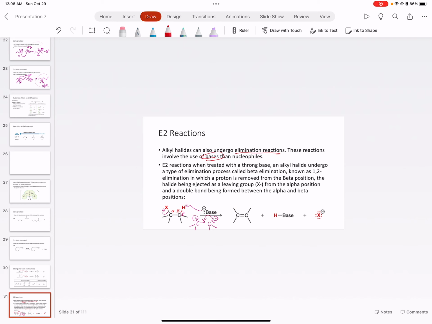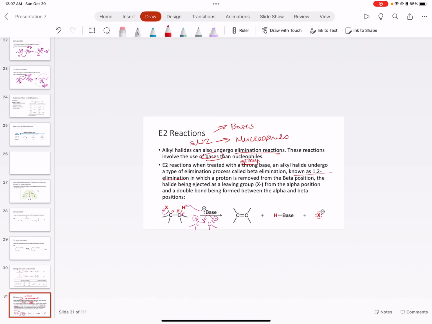So basically E2 reactions are for bases, while SN2, or substitution reactions in general, are for nucleophiles. In E2 reactions, when treated with a strong base, an alkyl halide undergoes a type of elimination process called beta elimination, known as 1,2 elimination, in which a proton is removed from the beta position.